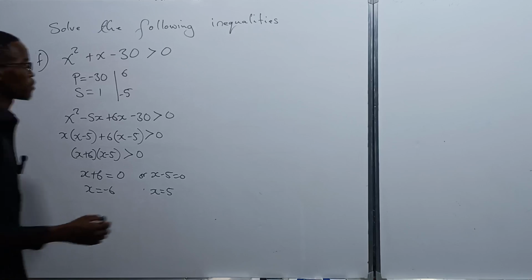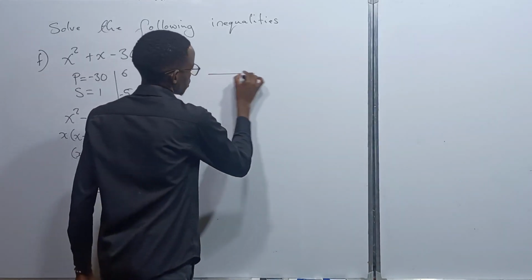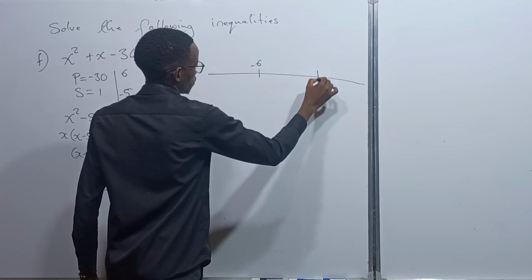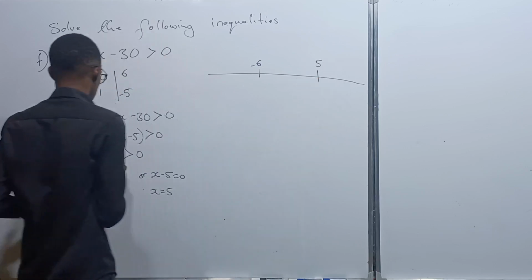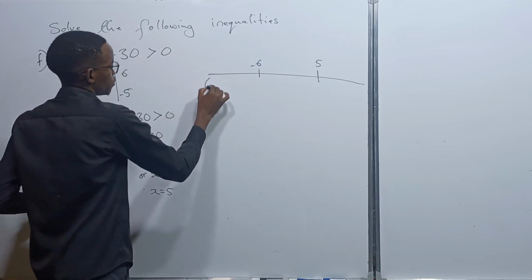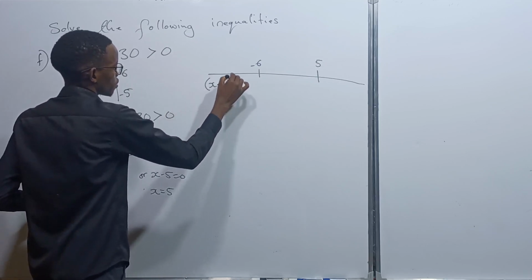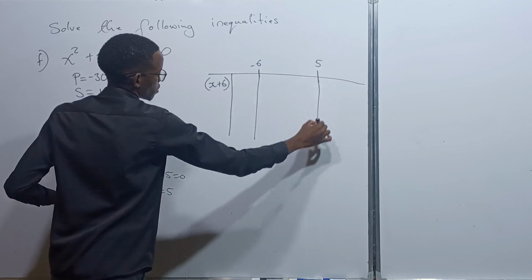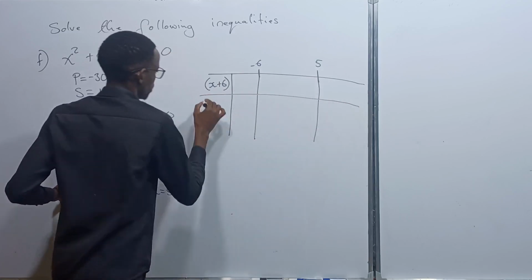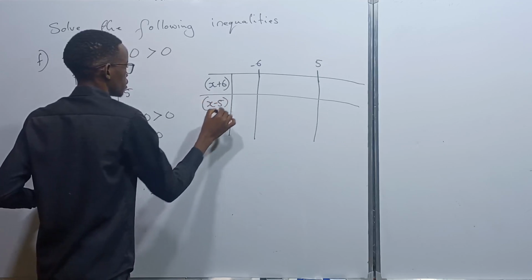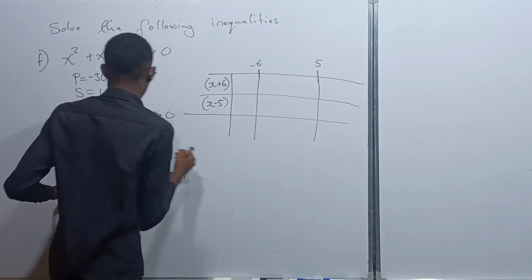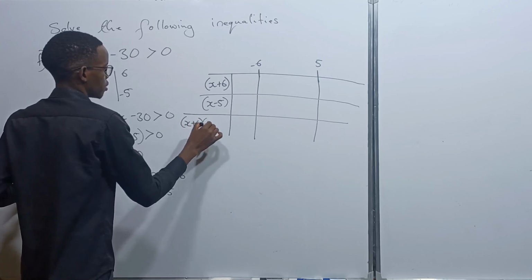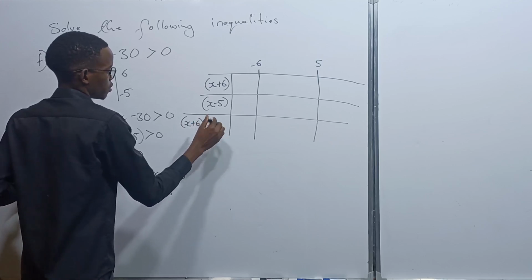So we need to test them. We're going to draw a number line like this. We put negative 6 and 5 on it. We take the first expression, x plus 6, then x minus 5, and then the next row, the product of the two, x plus 6 times x minus 5.